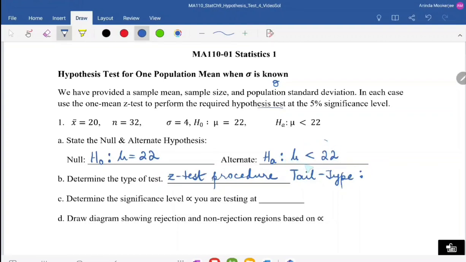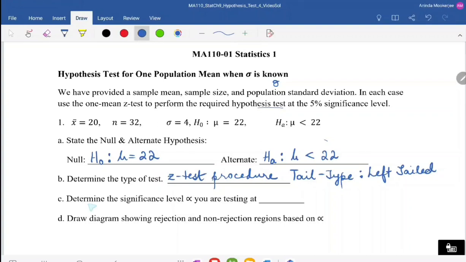If the alternate hypothesis has a less than in its statement, then it's going to be a left tail test. That means the reject region is going to be to the left of our normal curve.